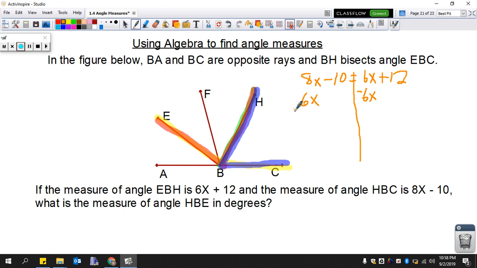When we do that, we end up with 2x minus 10 is equal to 12, because the 6x minus 6x cancels out.